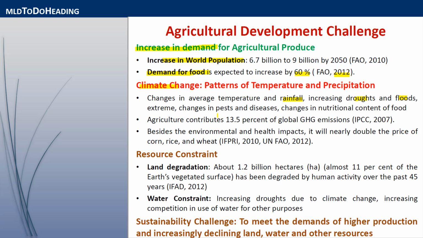Changes in climate also affect pests and diseases, and the nutritional content of the food is also affected. And there are resource constraints like water and land. These are limited natural resources required for agriculture, and the pressure on these resources is increasing day by day.